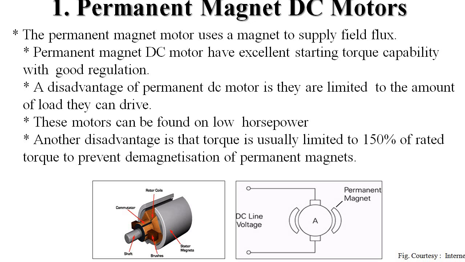These motors can be found on low horsepower, so the HP is low for permanent magnet DC motors. Another disadvantage is that the torque is usually limited to 150% of rated torque to prevent demagnetization of permanent magnets. That is another disadvantage of permanent magnet DC motors.